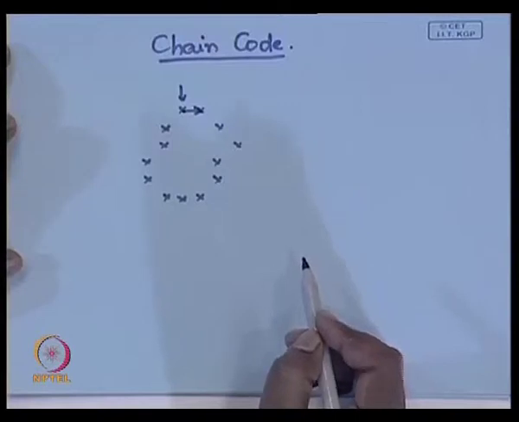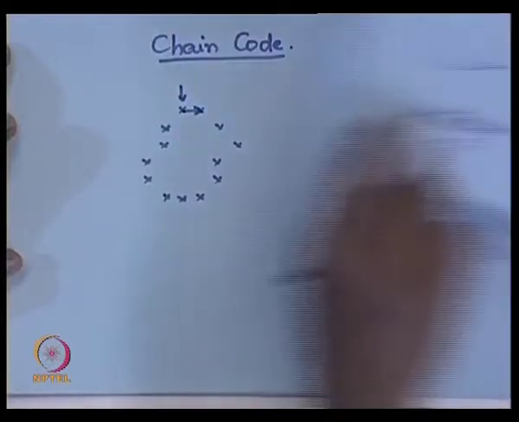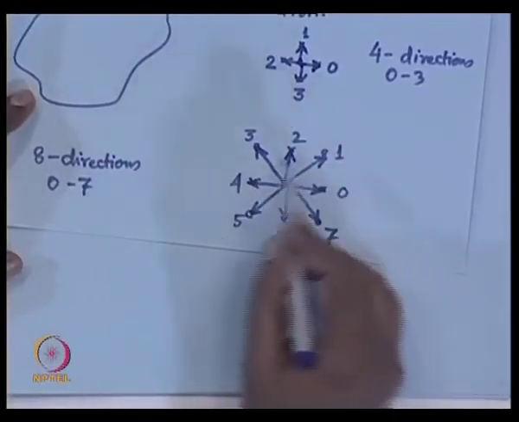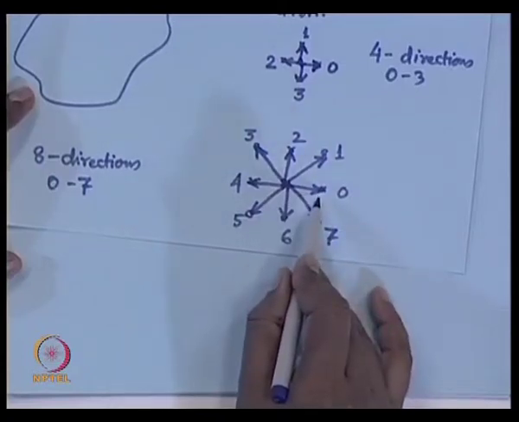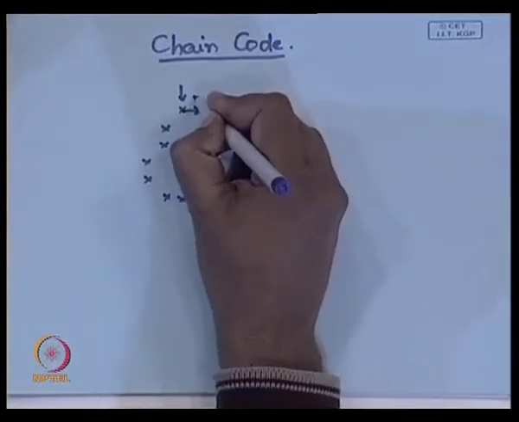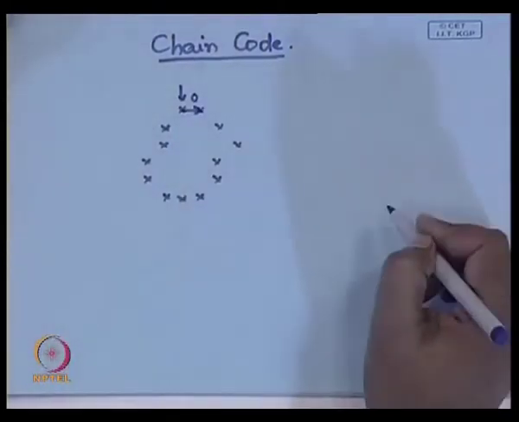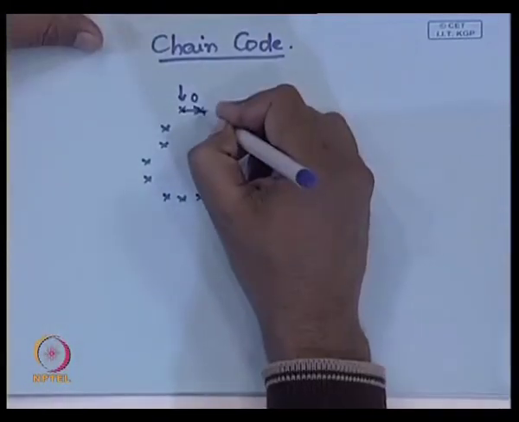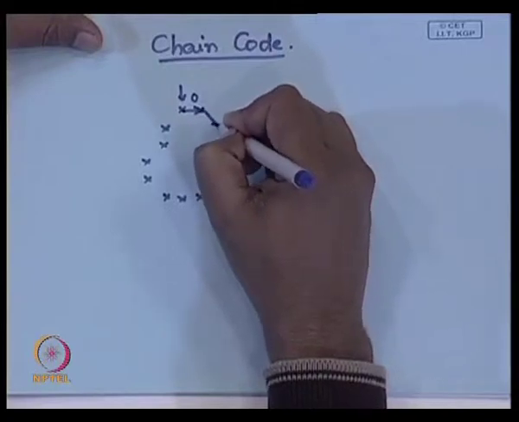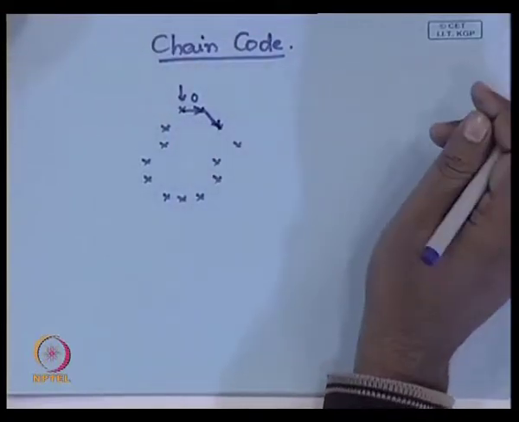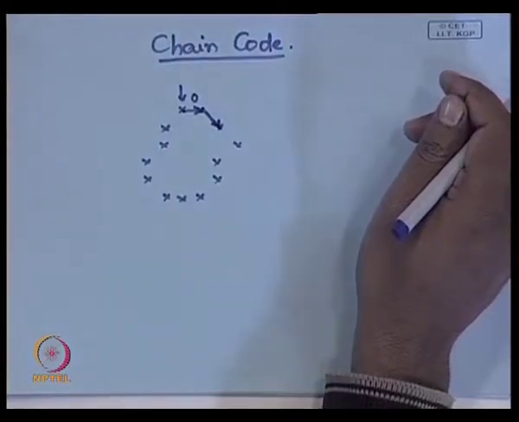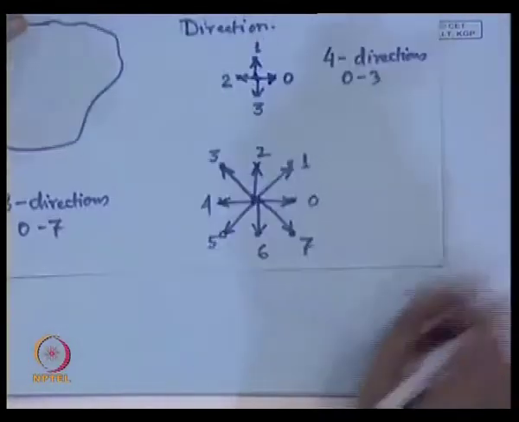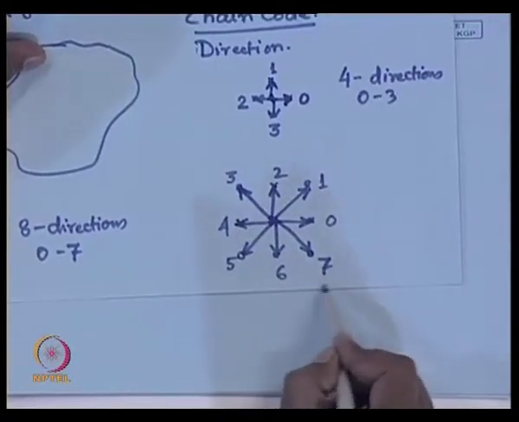Okay. And if I assume that I am following 8 connectivity, this particular movement is given a code 0. Okay. So, here I will get 0. Next movement over here is in the southeast direction. And for the southeast direction, following 8 connectivity, the code is given as 7.